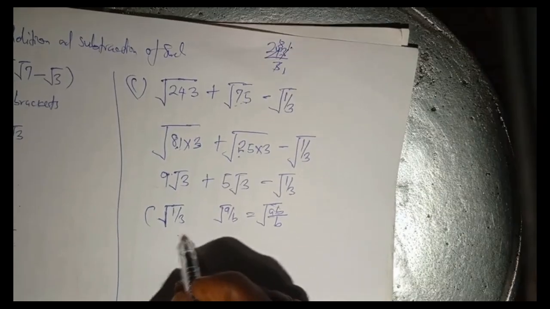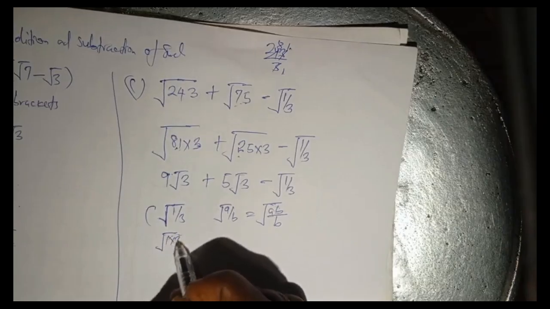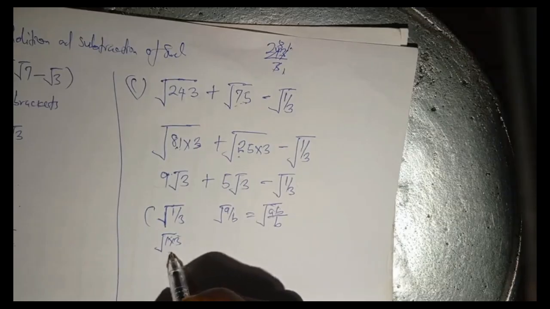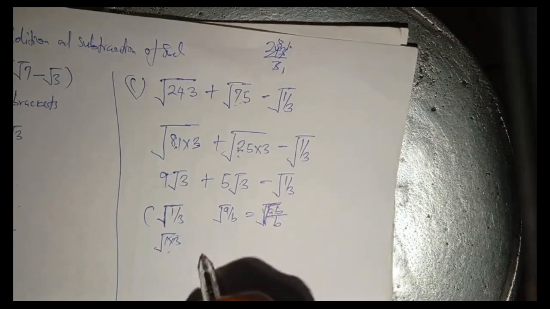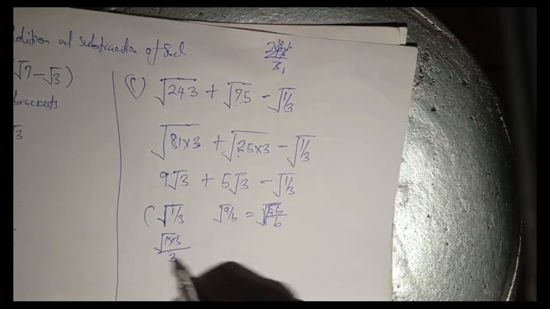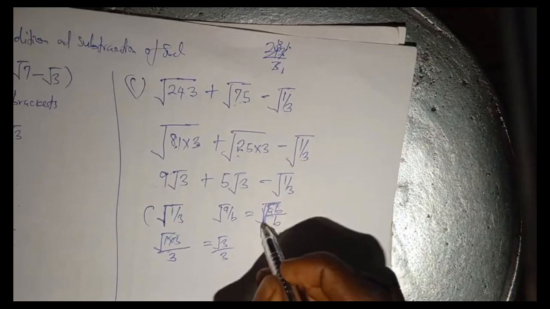So it's the same thing as root 1 times 3 over 3. That is root 3 over 3, right?